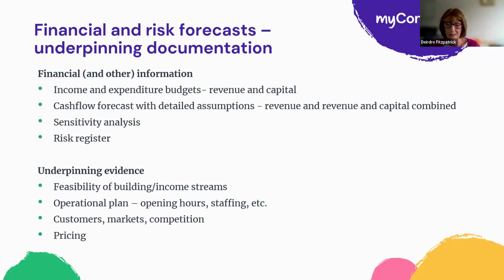So some sort of sensitivity analysis to show how that's actually going to affect it if your assumptions aren't correct and things are more expensive, or you bring in less income than you had thought.